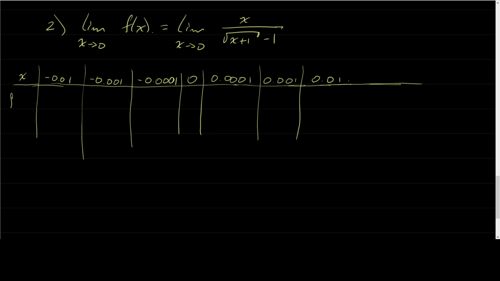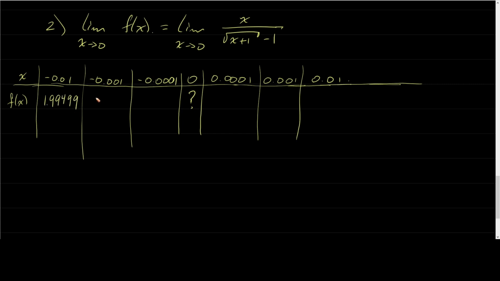Now over here, let's figure out the values of f of x, all right? And we're gonna do this one at a time. Now, normally I would have you plug this into your calculator so you can tell me what the values are. But because we don't have that option, I'll just tell you what happens when you plug them in. When you plug negative 0.01 in, you end up with 1.99499.